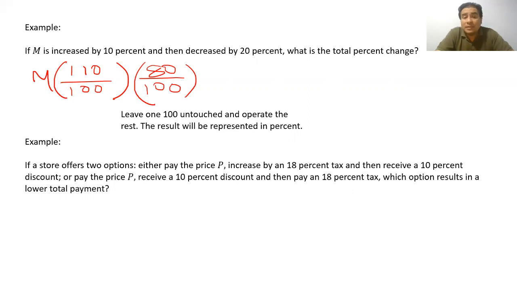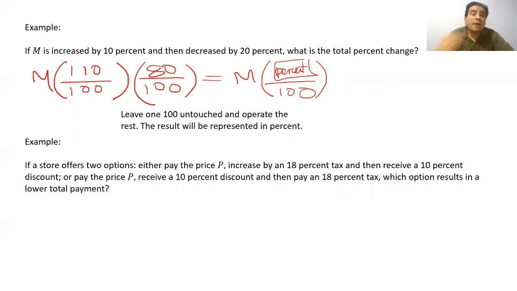I know that if I get a total percent change, I would get something like this, right? And multiply by a certain factor where, you know, this part would be a percent. So if I do here some simplification, okay, if I don't touch one of the 100s because I want to get a fraction like this, where the numerator indicates the percent to me.